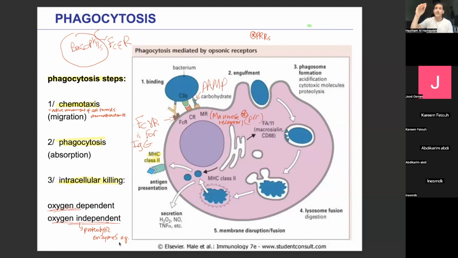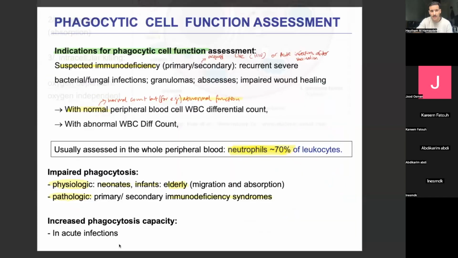Okay, now we know what phagocytosis is and how it happens. Now we're going to detect whether our phagocytic cells are functioning in case of an infection. So we have a couple of tests. So when do we use phagocytic cell function assessment? When we suspect an immunodeficiency, our cells are not functioning well, or in case of infections, okay?